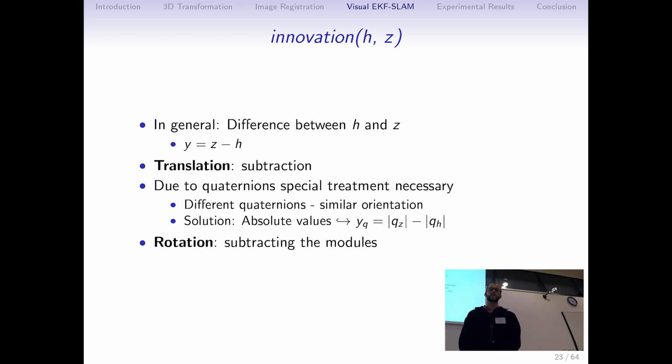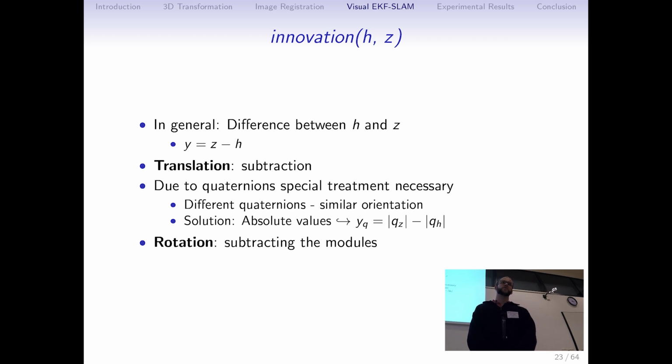The innovation is calculated now between these two, and in general, it tells us the differences between h and z. So the result of the image registration and the result of the observation function. For the translation, you can just calculate the differences by subtracting the translation part of these relative transformations.